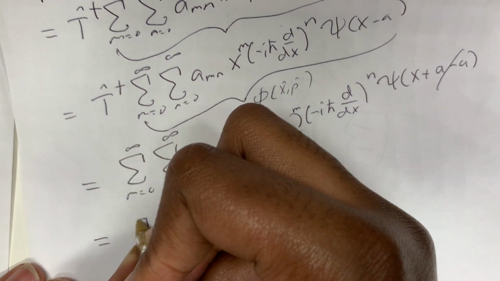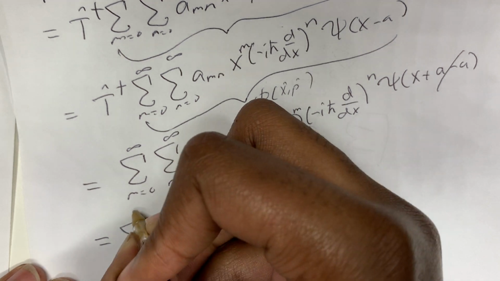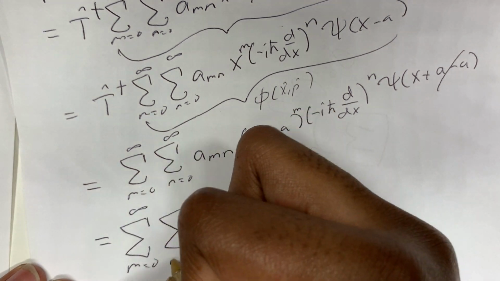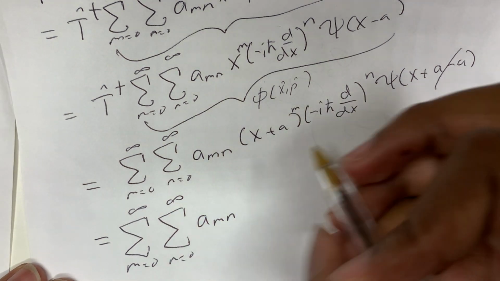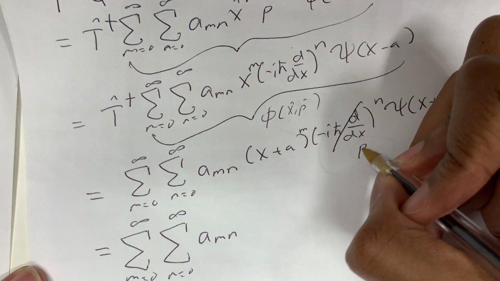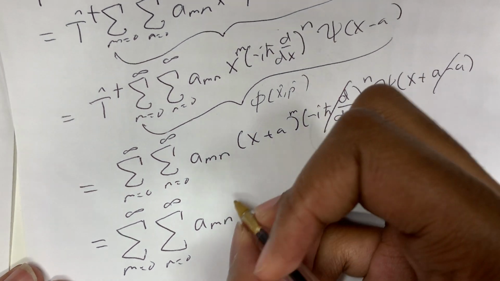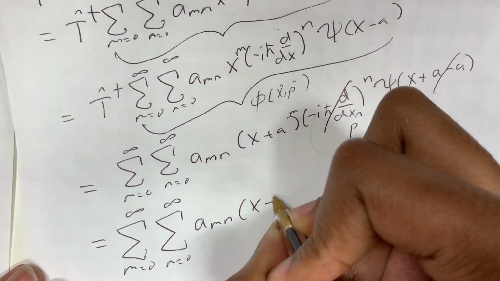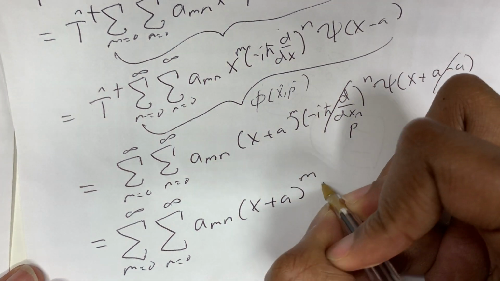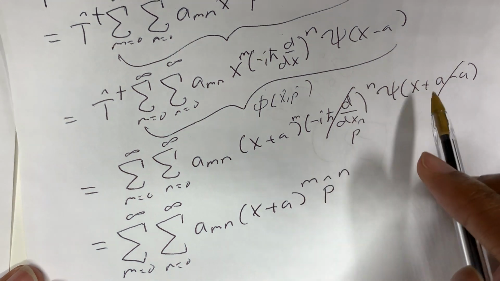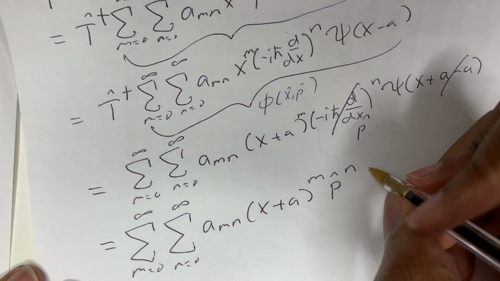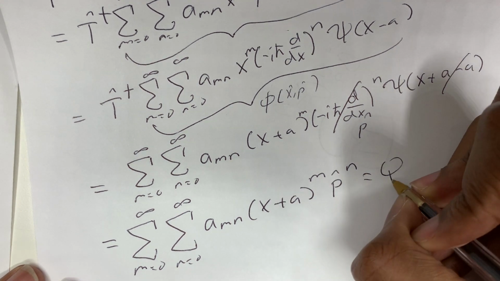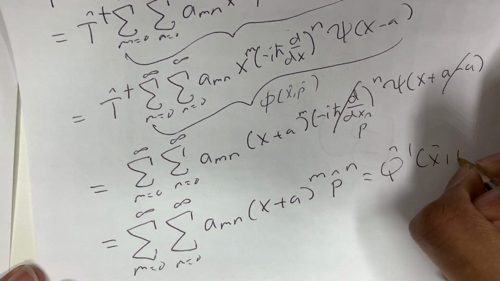This equals the series m equals 0 to infinity, n equals 0 to infinity, a_mn. This is just the momentum operator, right? So you have (x plus a)^m, p hat to the n, psi of x, but we can just cancel our psi of x, and this is q hat of x hat, p hat.